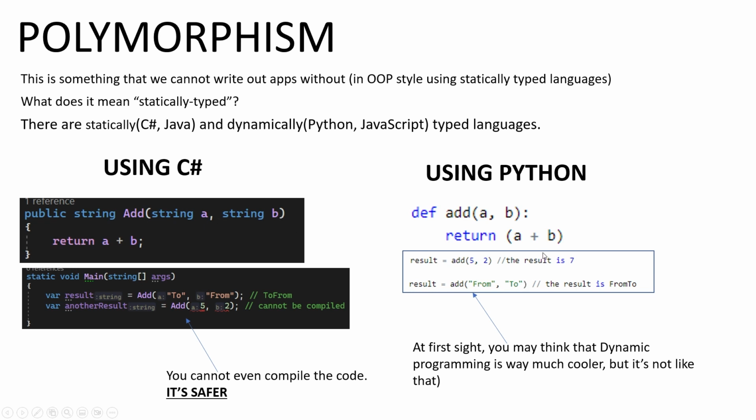But in that case, we can pass pretty much anything. It can be strings, doubles, integers, and it will figure out on its own how that should be calculated. At first sight, you may think that is versatile, but down the road you'll have a lot of problems with that.